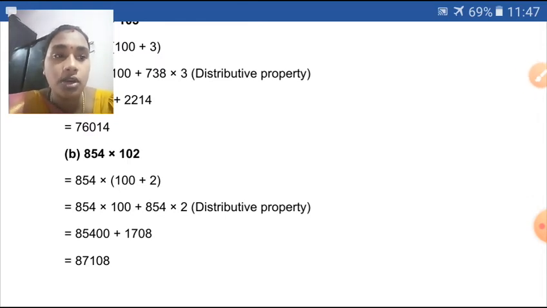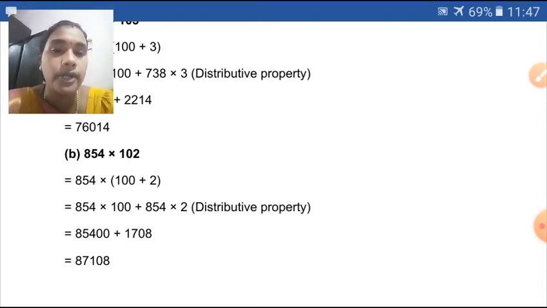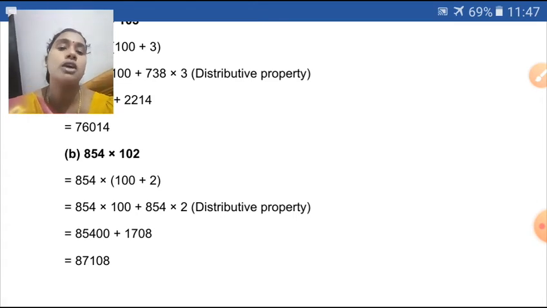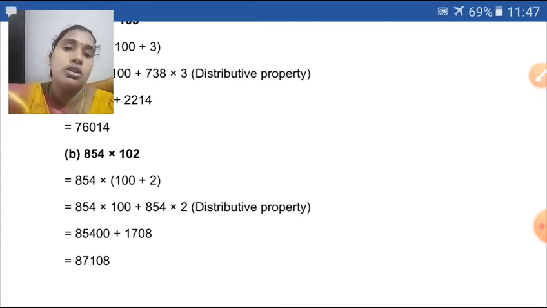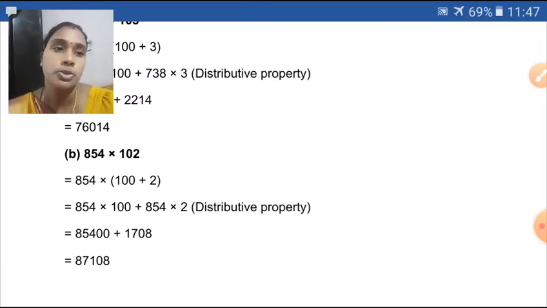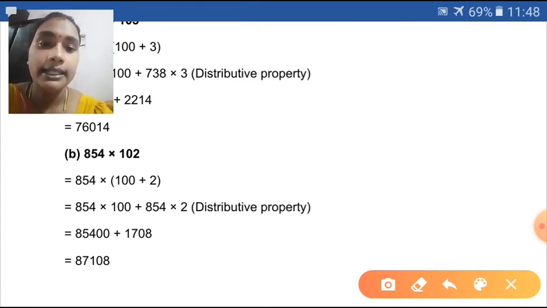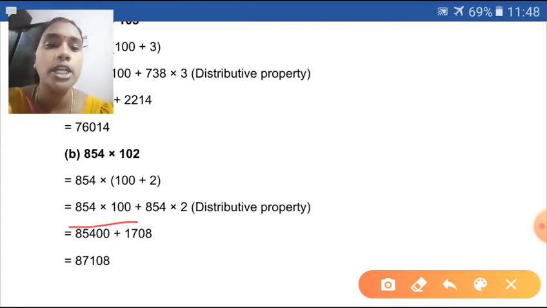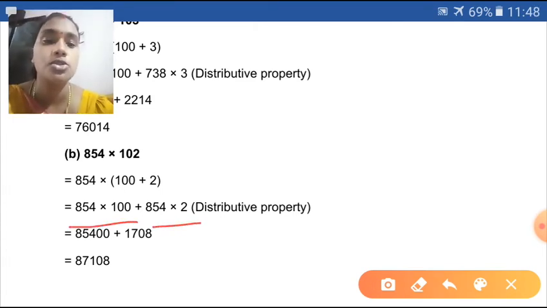So next sum, 854 into 102. This is also using the distributive property. You are going to split 102 as 100 plus 2 and keep 854 on the left hand side. When you split and write it using the distributive property, you get 854 into 100 and 854 into 2.